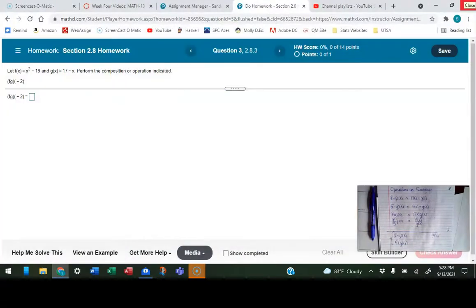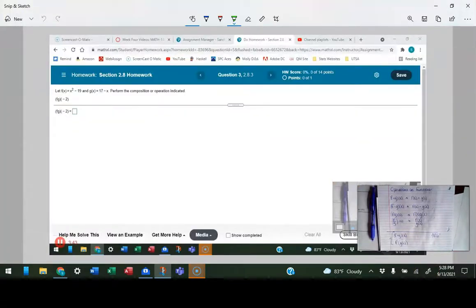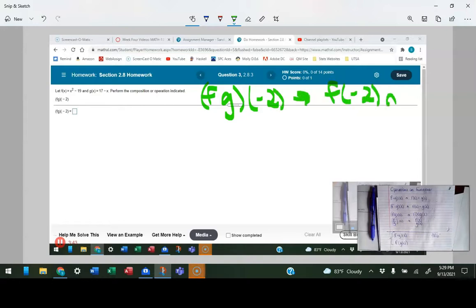Okay, so let's do another one. I've got f times g at negative 2. So what that literally says is f times g at negative 2 means f of negative 2 times g of negative 2.